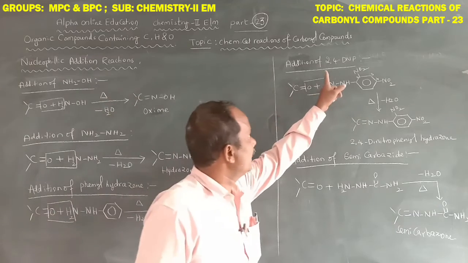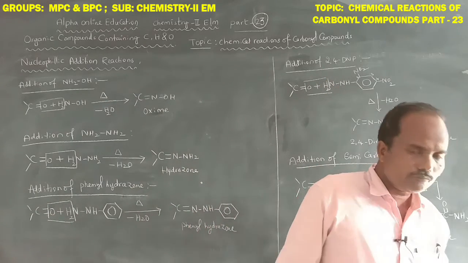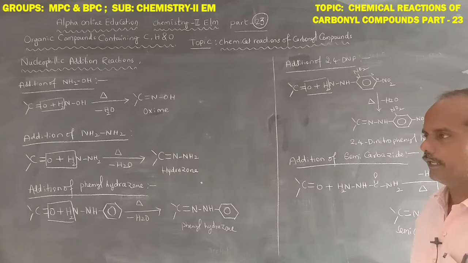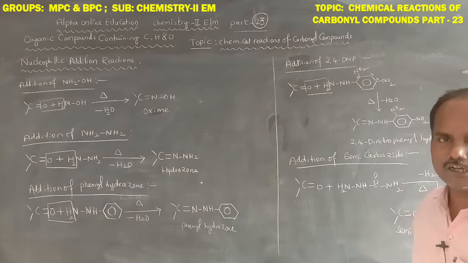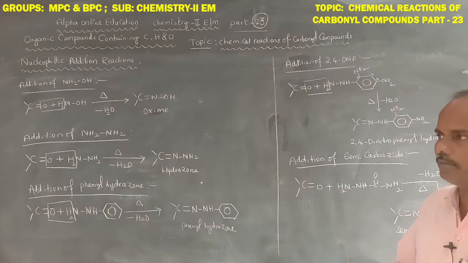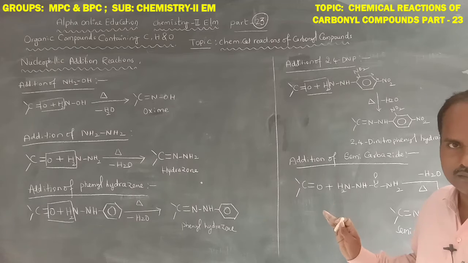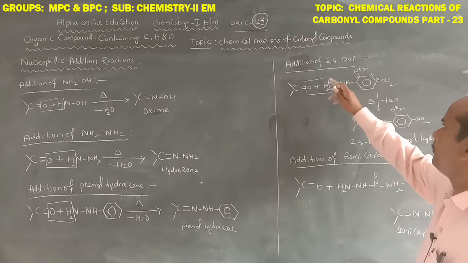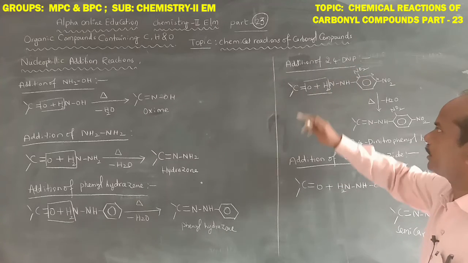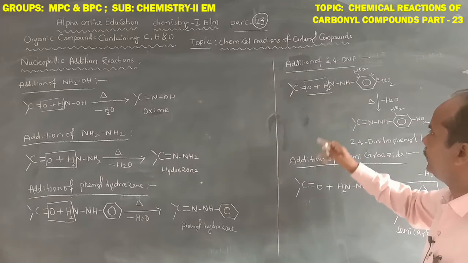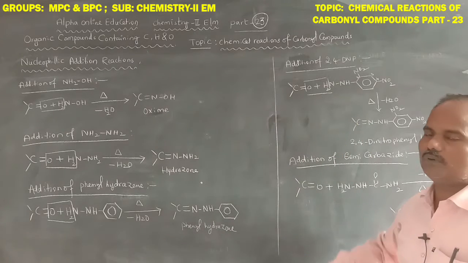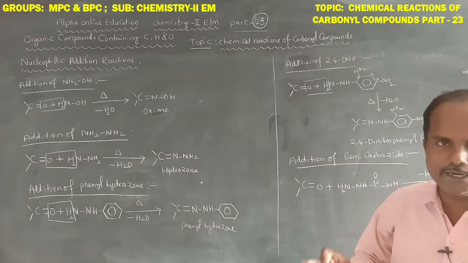Then next one is addition of 2,4-DNP. This test is used in the identification of a carbonyl compound, to check whether the given organic compound is a carbonyl compound or not. When we perform the 2,4-DNP test, if it forms an orange colored precipitate, then the given compound is a carbonyl compound, whether aldehyde or ketone.